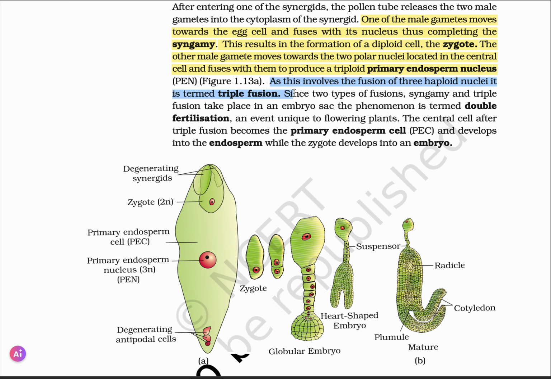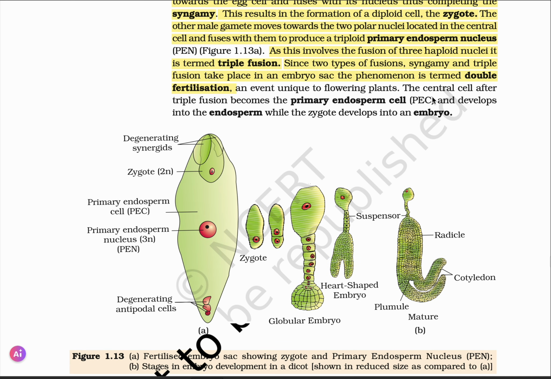As this is the fusion of three haploid nuclei, it is called triple fusion. As two fusions are involved, syngamy and triple fusion, taking place in the embryo sac, the event is called double fertilization, and it is unique to flowering plants, which is angiosperms.